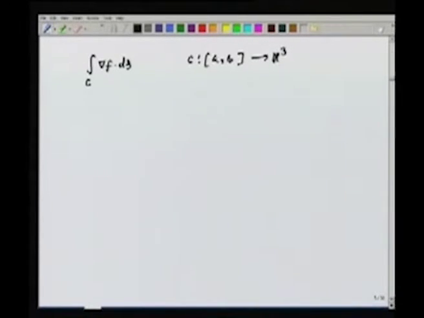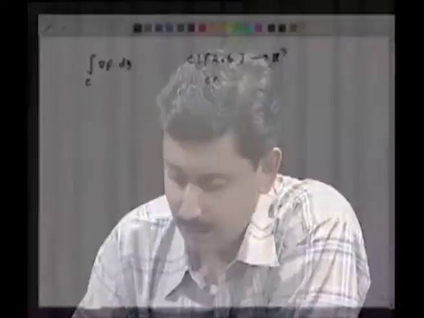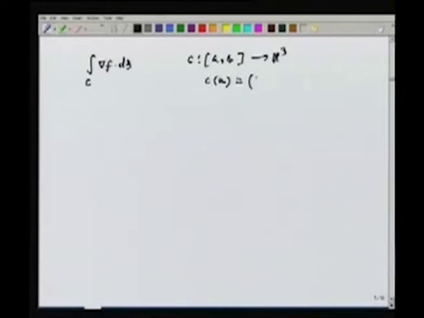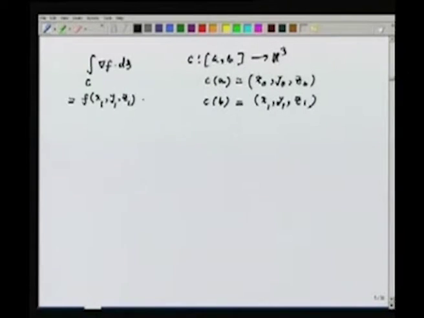So what is this integral? I want to say it becomes something simpler. If C(a) equals x0, y0, z0 and C(b) equals x1, y1, z1, then it turns out that this equals f of x1, y1, z1 minus f of x0, y0, z0.